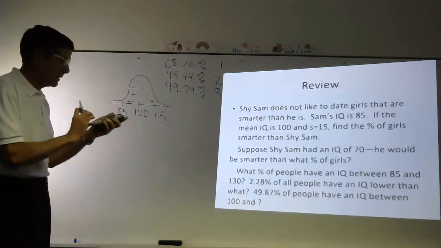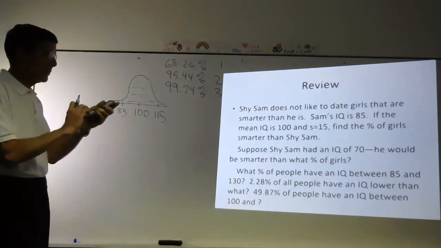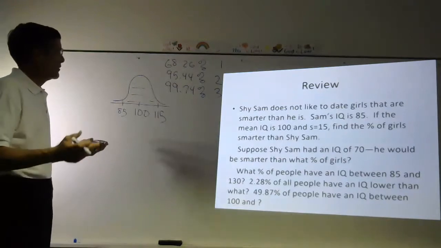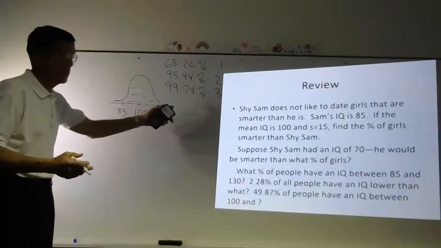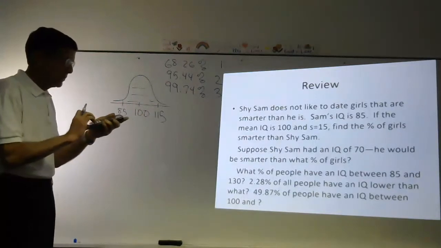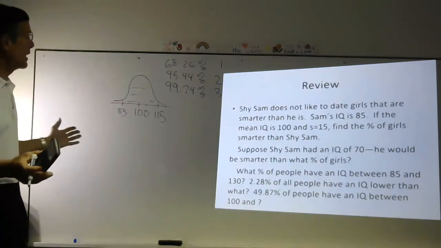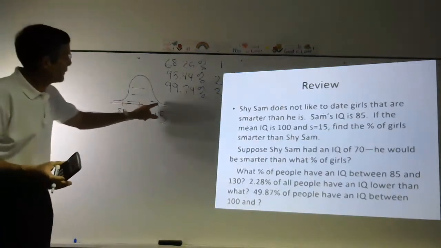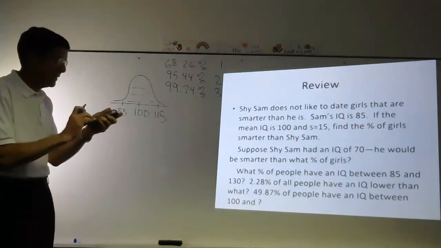So if you take 100 minus 68.26, I get 31.74 for this area left over and that area left over. Divide by 2 is 15.87. Now, I don't care how you do this. You can take 15.87, which is that much, and add it to 68.26.